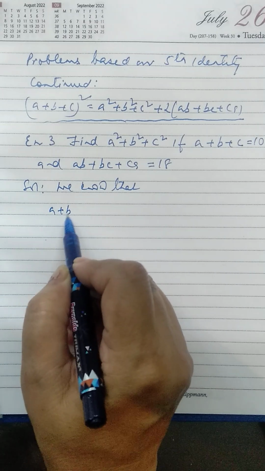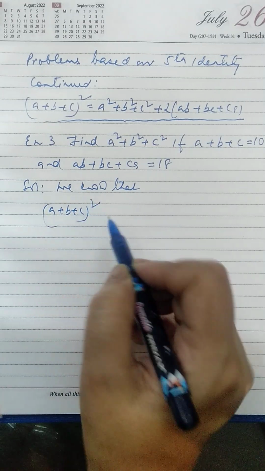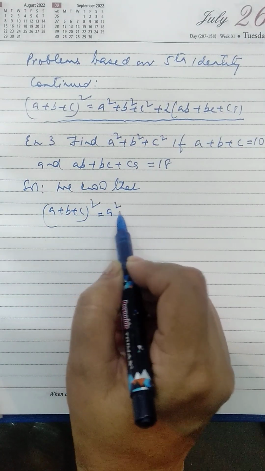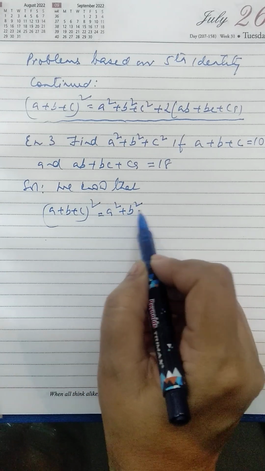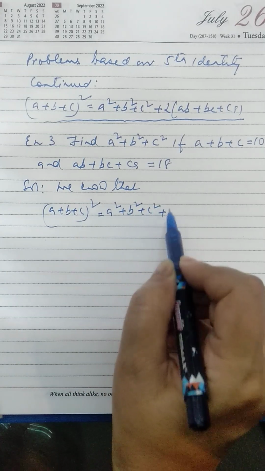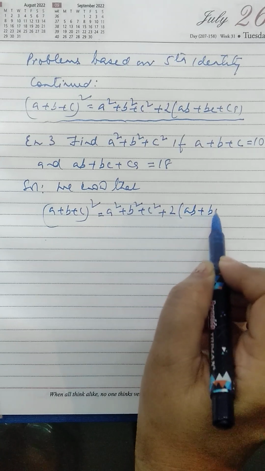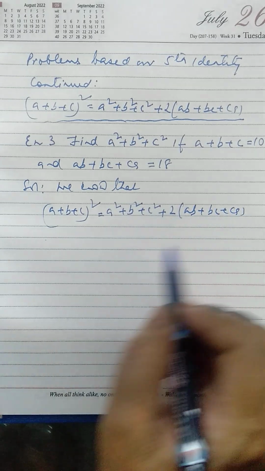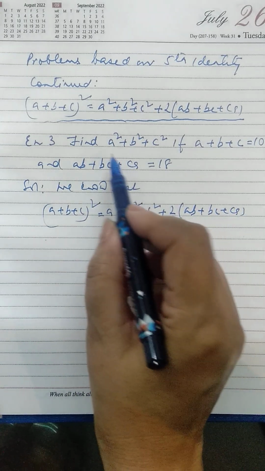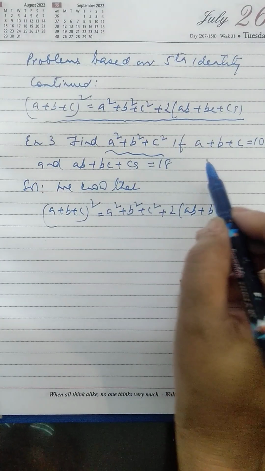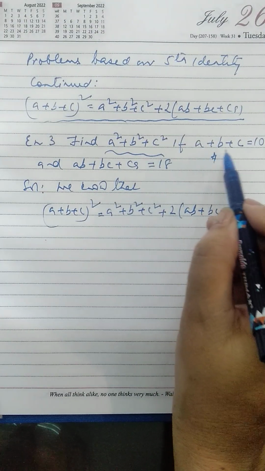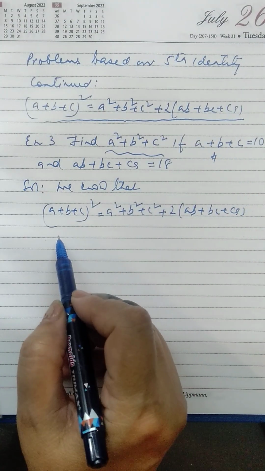(a + b + c)² is equal to a² + b² + c² + 2(ab + bc + ca), right? Now we have to find out this, but we have the value of a + b + c, which is over here.